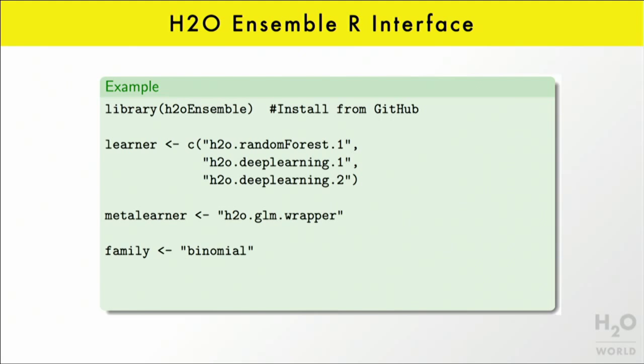I'll show you in the code how to customize each one. I have all the algorithms that are supported in H2O with all the default parameters, so if you want to just do nothing, you can use all the defaults and put one of each in there and see how it goes, or you can start to customize them and change the parameters to get a little bit more diversity. And then the metalearner is just another algorithm. It could be anything you want.